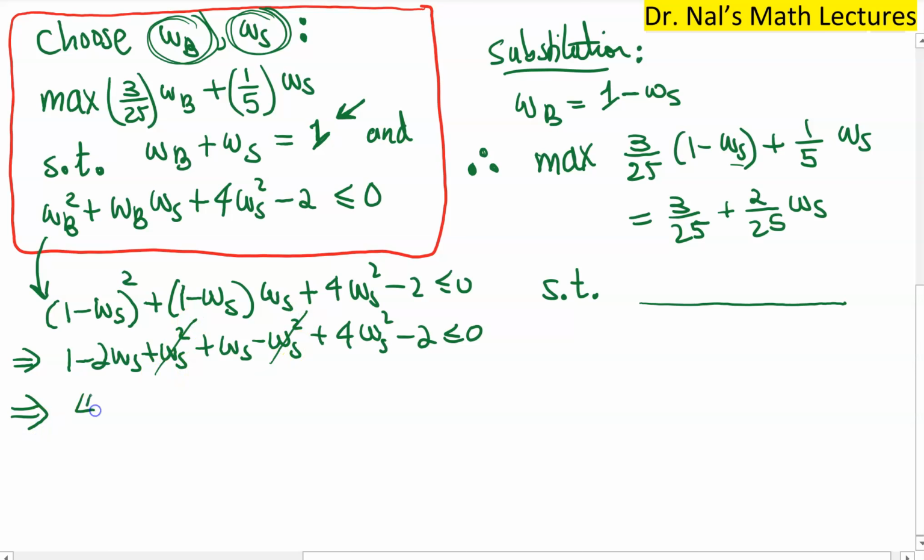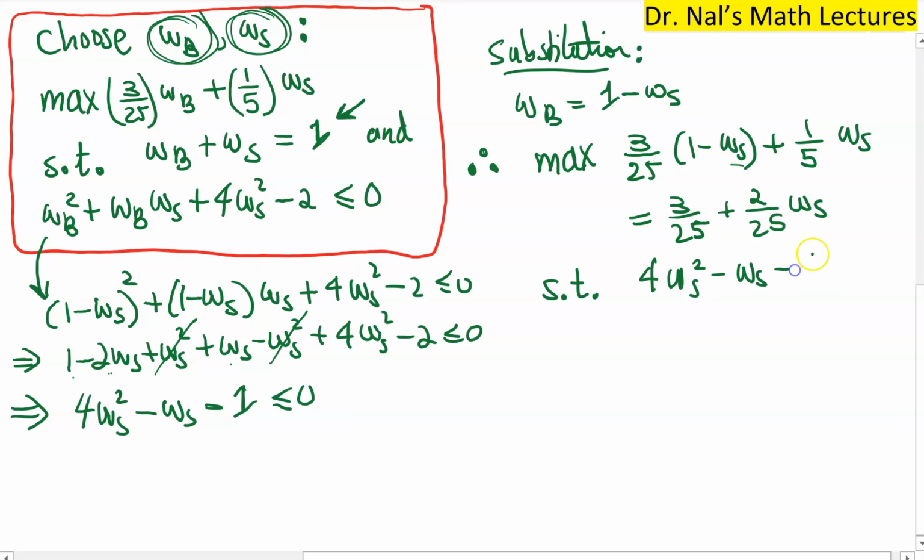So we have 4WS square minus 2WS plus WS, so minus WS, plus 1 minus 2, so that's just minus 1, is less than or equal to 0. So that's the condition we want to put here: 4WS square minus WS minus 1 is less than or equal to 0. That's it. That's the new problem.